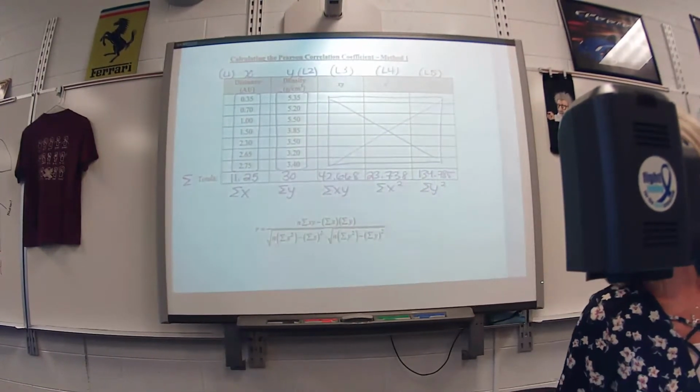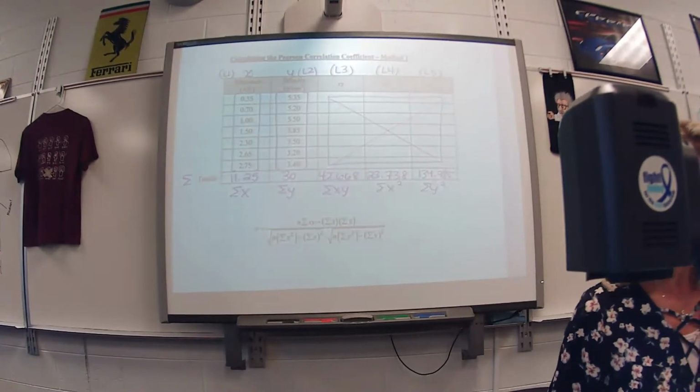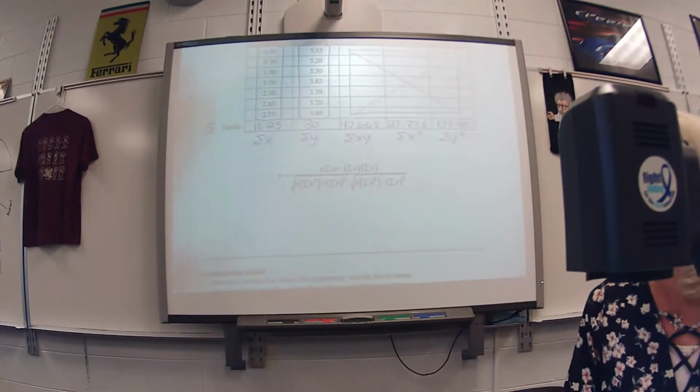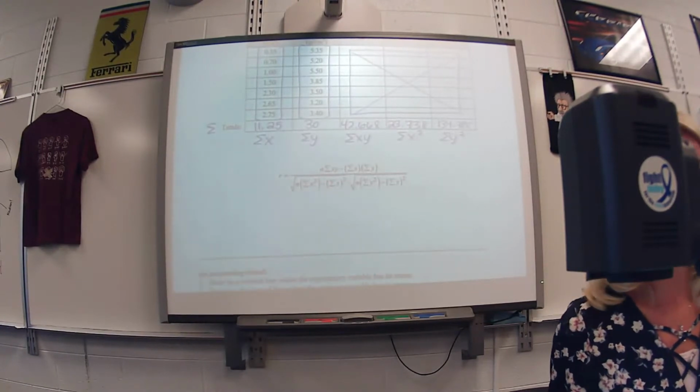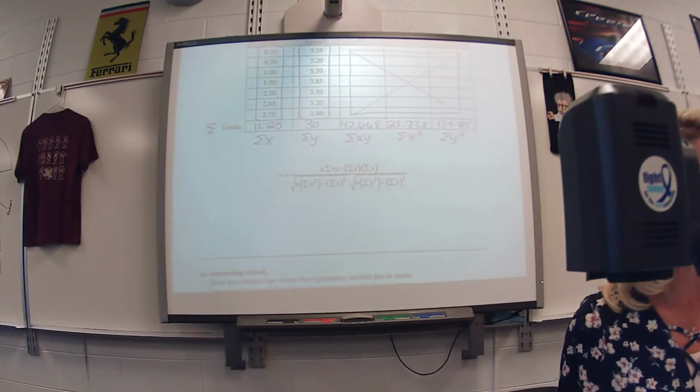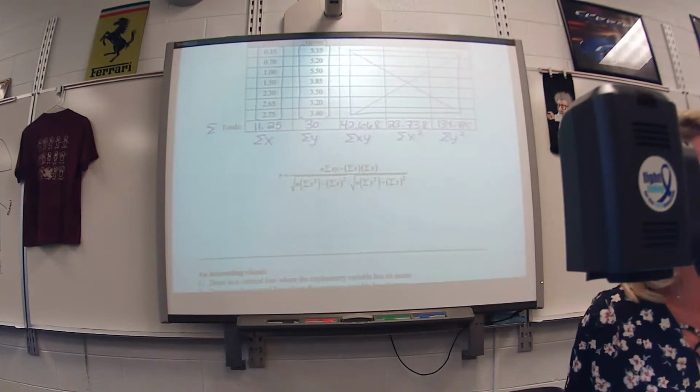One of the reasons I like to go through this, besides the fact that you need to understand the calculator just spits these R values out at you, is that this is all the math that's going on inside the calculator. It's pretty impressive how quickly it does it.